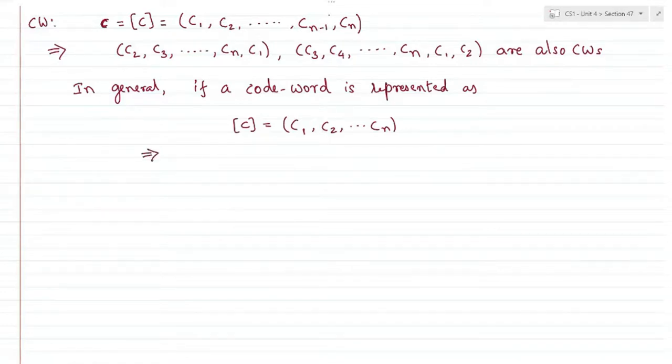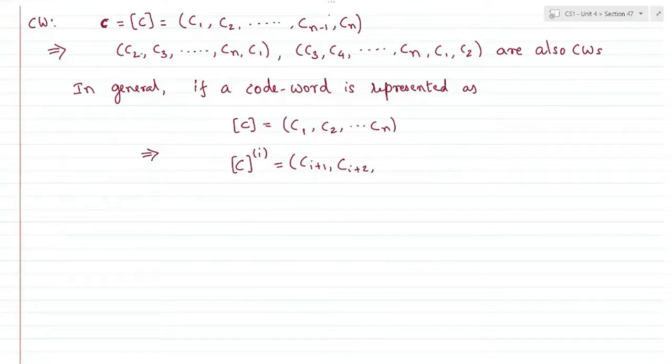Then C of I, where I represents the number of shifts that has happened in the code word tuple, which is represented as Ci plus 1, Ci plus 2. Like the earlier case, one shift got me C2 as its subscript.